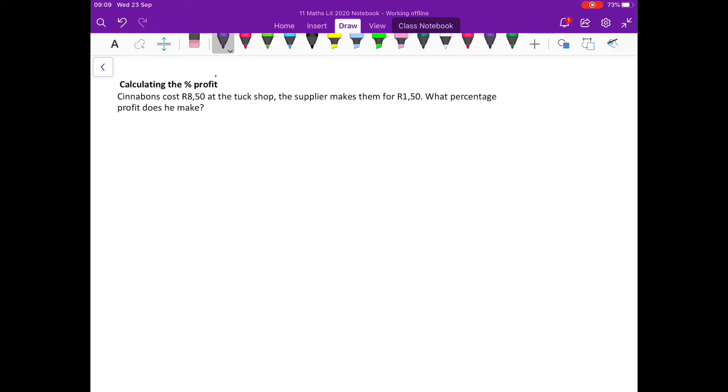So percentage profit, remember from grade 10, is always the new minus old over old times 100%. How do you remember this? Well, my answer is going to be a percentage. And remember, I can turn this into new minus old over old multiplied by 100%. And remember, the percent is just part of the calculation.